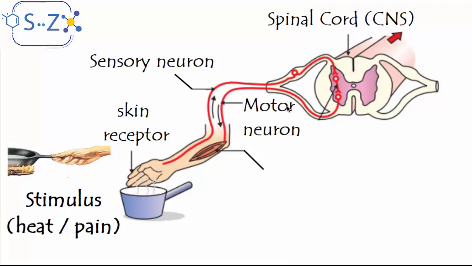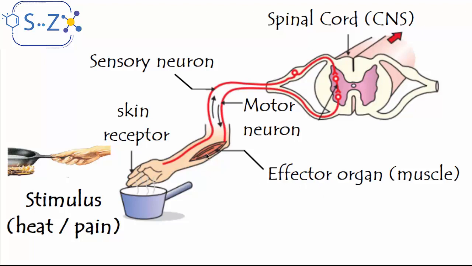Now this motor neuron is responsible for carrying the motor nervous message. This nervous message now is a command. It's a command from the central nervous system, and this command or order is sent to an effector organ. This effector organ, sometimes it's a muscle, sometimes it's a gland.